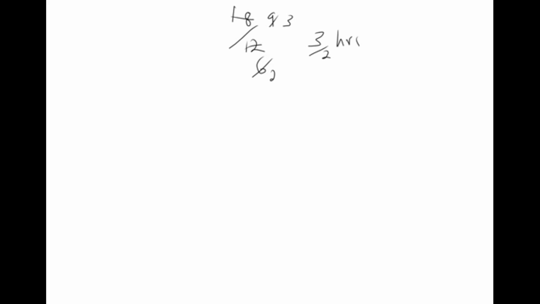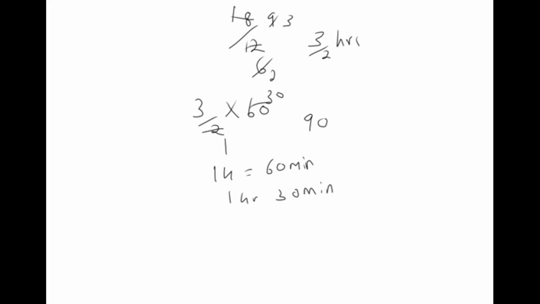Change these to minutes by multiplying by 60. 1 hour as 60 minutes. By 2, 1, by 2, 30. 3 times 30, 90. 1 hour is equivalent to 60 minutes. Therefore, in 90 minutes we have 1 hour, 30 minutes.